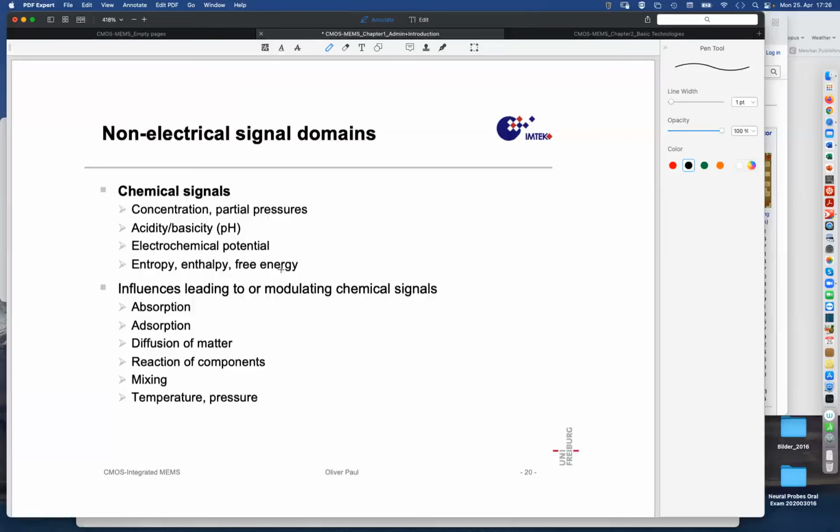So that is energies that might change due to absorption or desorption of material, interaction of different gases with surfaces or materials, and those can also be measured. And there are CMOS compatible chemical sensors that can measure the pH of a solution. And so we can think about that.